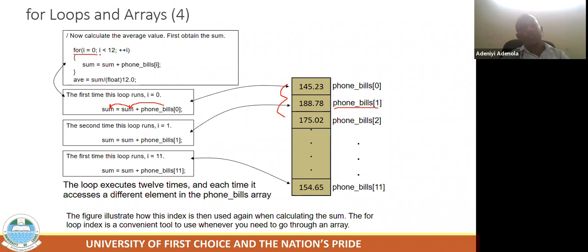The for loop. You need to ask yourself, how many variables am I going to access? So that will give you a notion about your index. So the loop executes 12 times, and each time it accesses different elements.